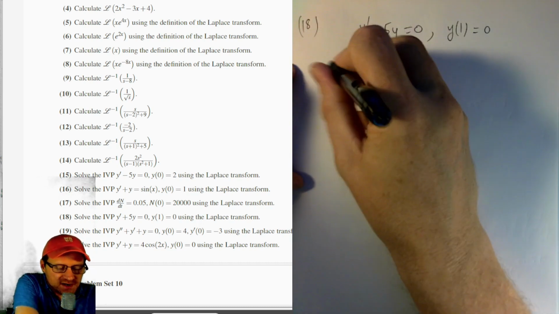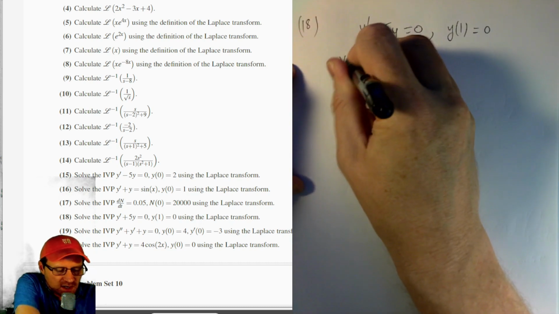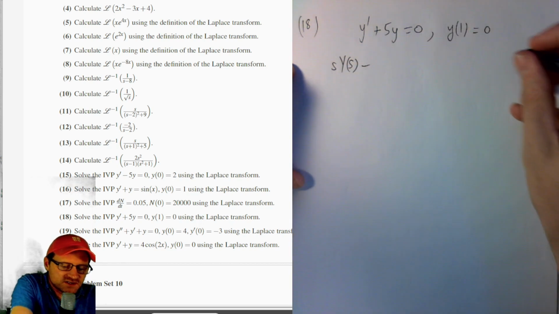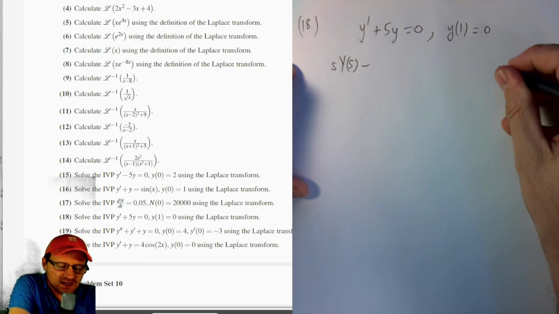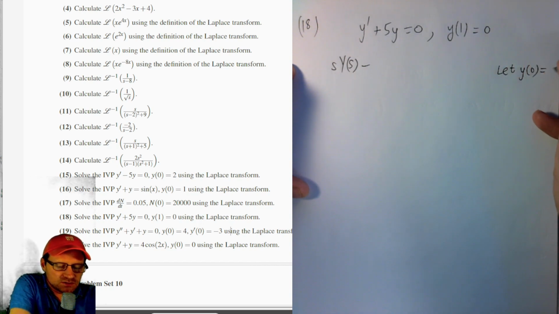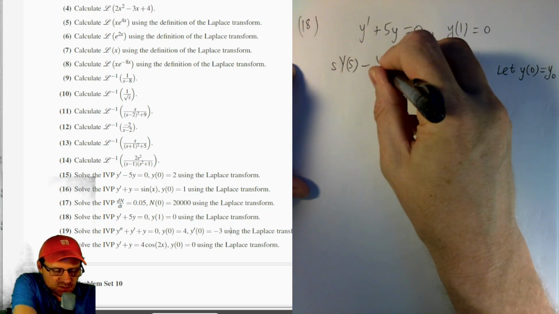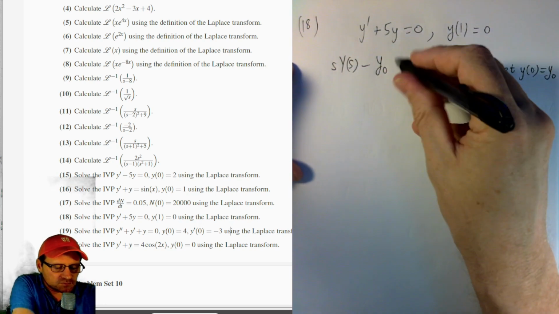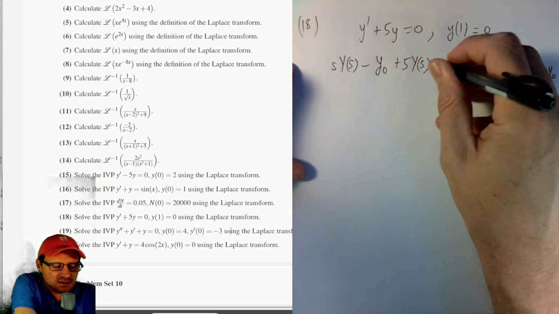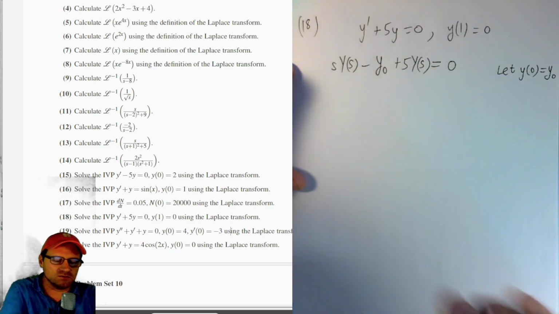Laplace transform of y' gives us s Y(s) minus y(0). So let's say let y(0) be equal to y subscript 0. So here I'll just put y subscript 0. And then we have plus 5 Y(s) equals 0.